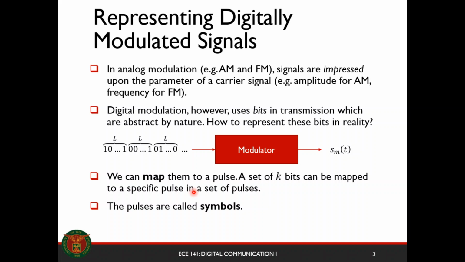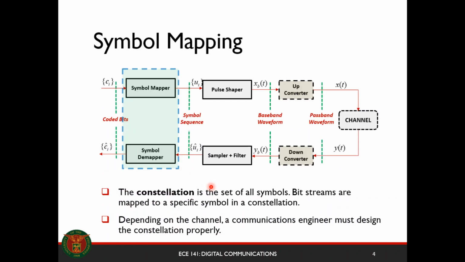We can actually map them to a pulse, and a set of k bits can be mapped to a specific pulse in a set of pulses. The pulses are called symbols. So from your symbol mapper, let's focus on that. We represent the bits as symbols.